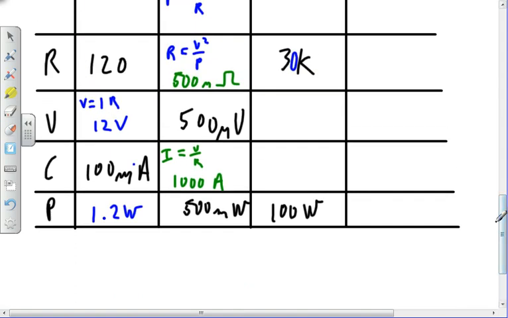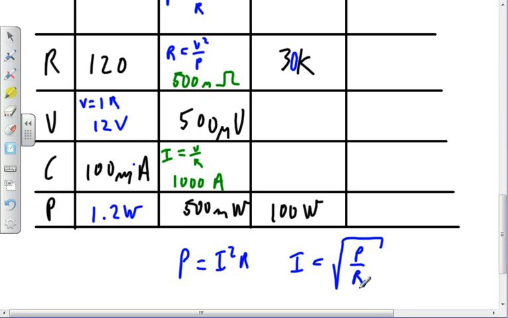You know? Now, what are we going to use here? Power is I squared R. Okay, so current is going to be the square root of power divided by resistance. Okay, so the square root of power, 100, square root of 100 divided by resistance, 30, 1, 2, 3.